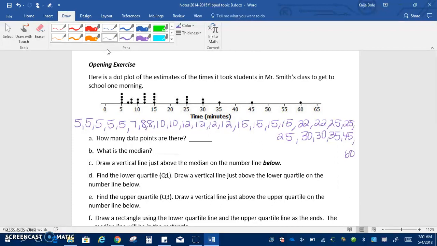So first, how many data points are there? If you count them up, which I know you can all do, you would get that there are 27 data points.